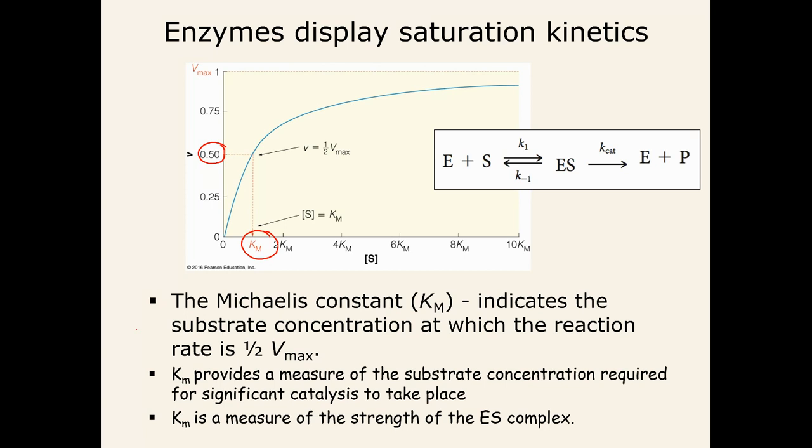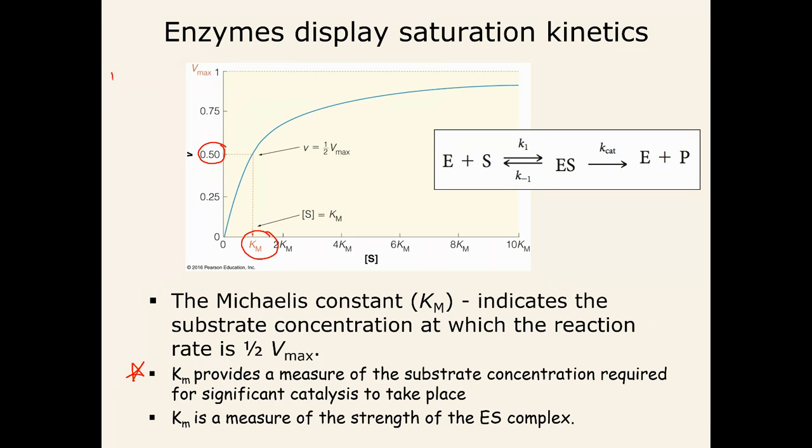Now, here's the really important part for us. Km is going to tell us what substrate concentration is required to have significant catalysis taking place. It also tells us the strength of the enzyme-substrate complex.